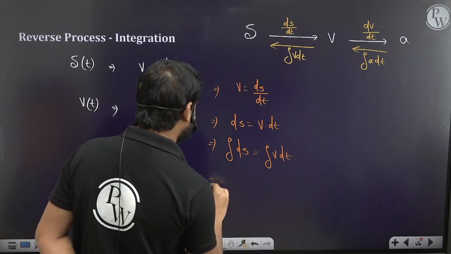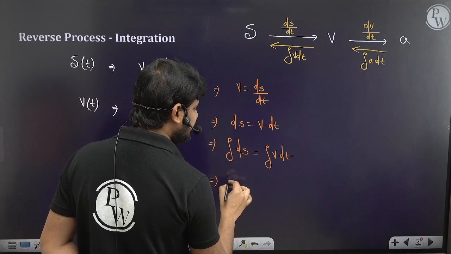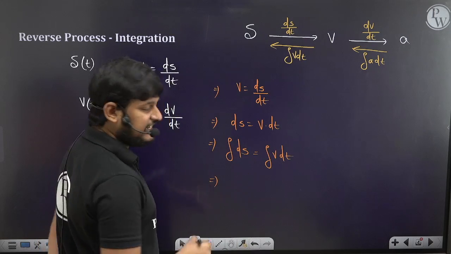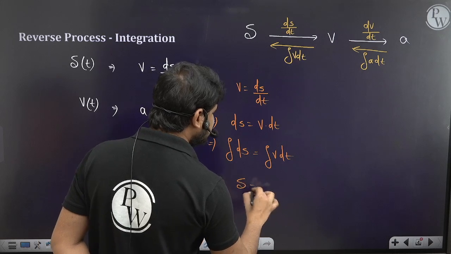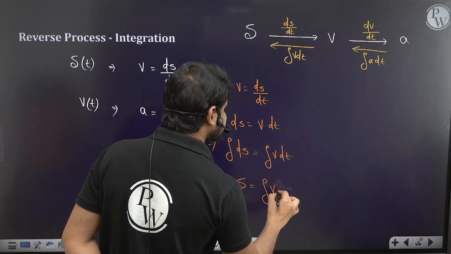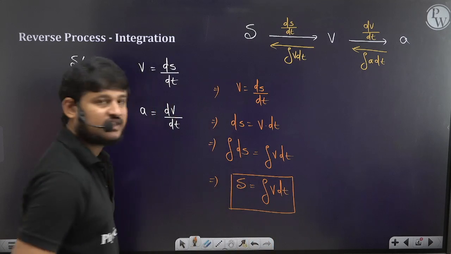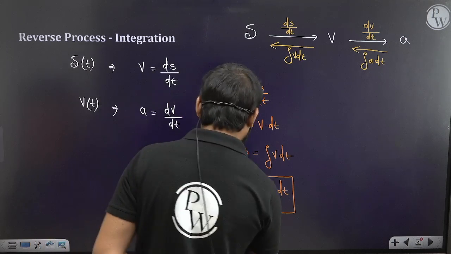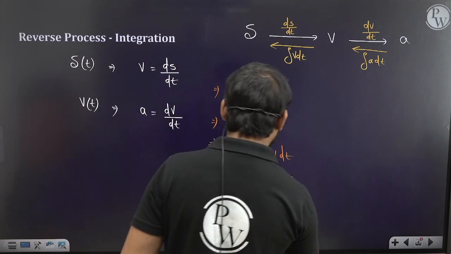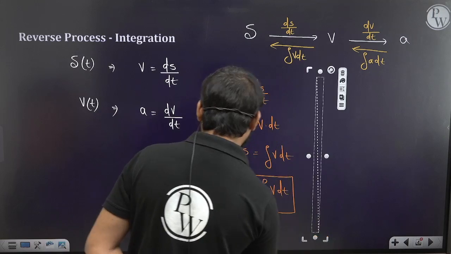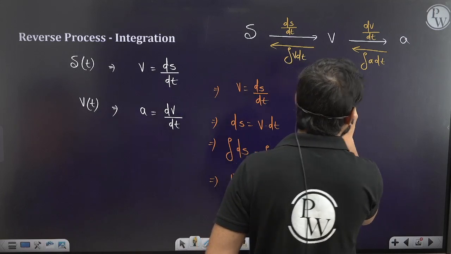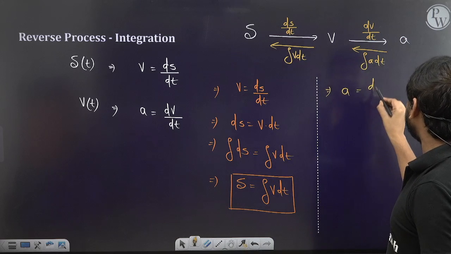Integration and differentiation are inverse, so they cancel. So the displacement is equal to the integration of v dt. Clear? Chalo.